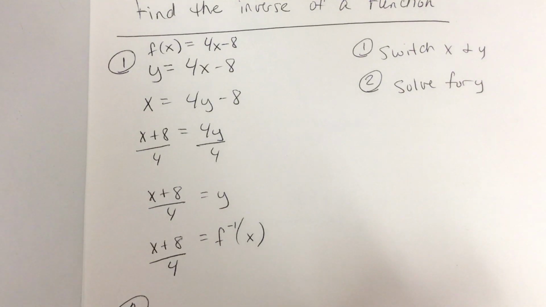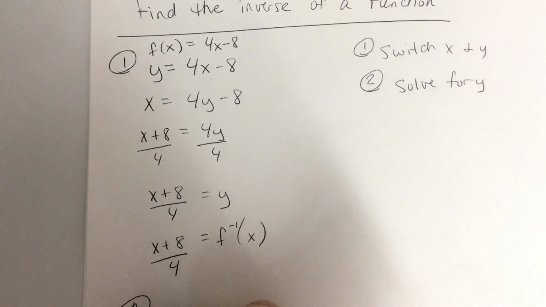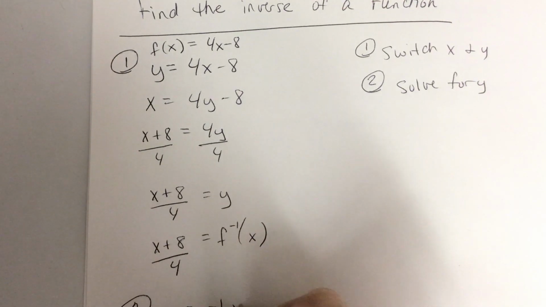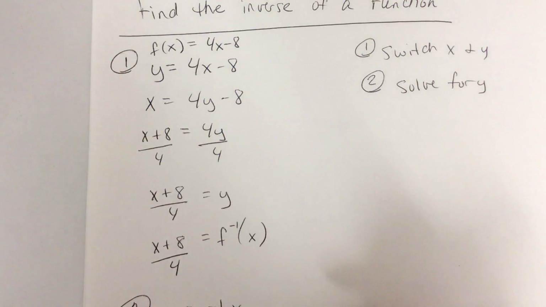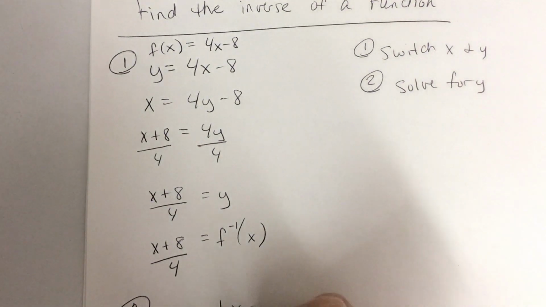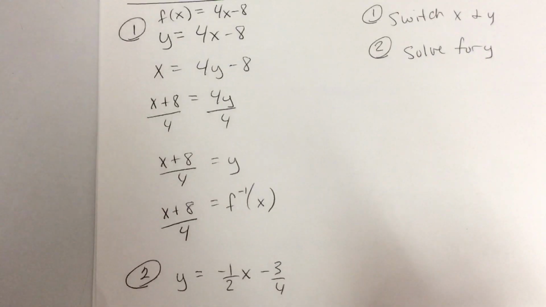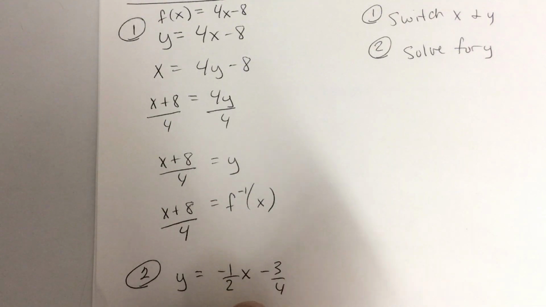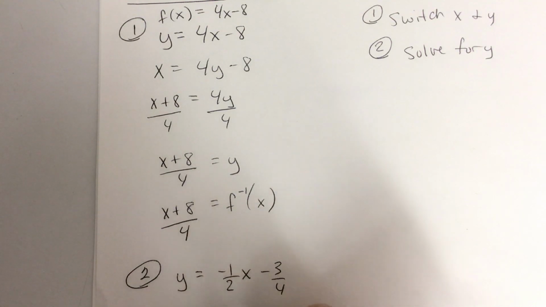Let's do one that is another line, but it has some fractions and negatives in it. So negative 1/2 x minus 3/4. So we're going to switch our x and y. So x is equal to negative 1/2 y minus 3/4.